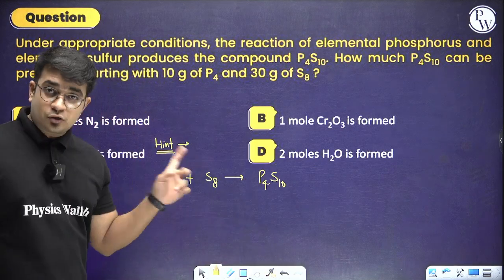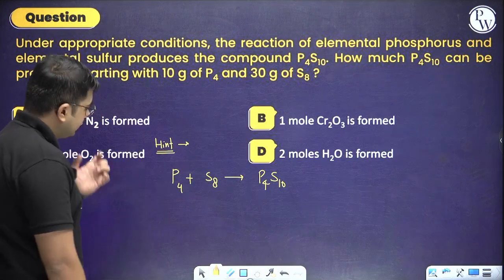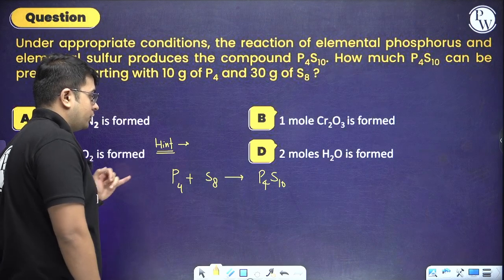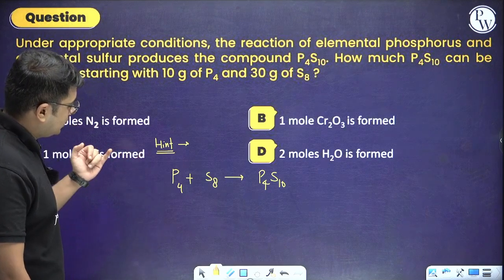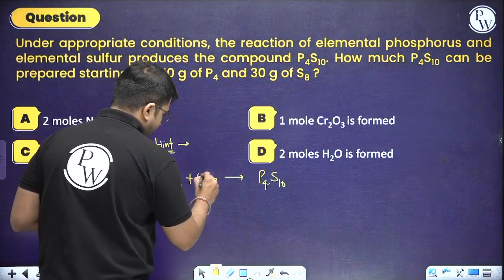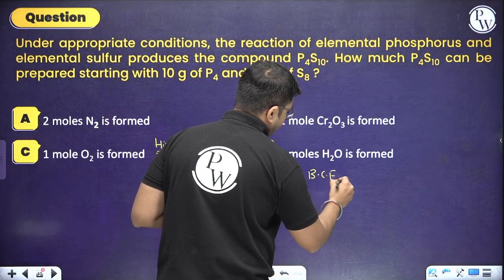This is not the balanced equation. So what we have to do? It will be 5 by 4 S8: P4 balanced, 10 means 10 by 8, 5 by 4. So this is 4, this is 5, this is again 4. Now we have the balanced chemical equation.